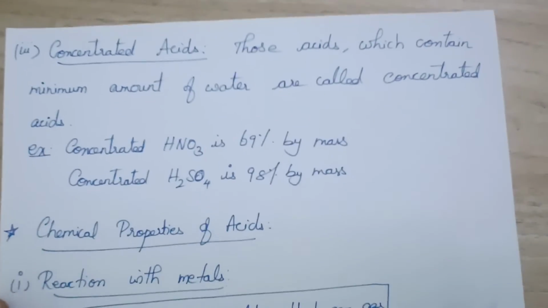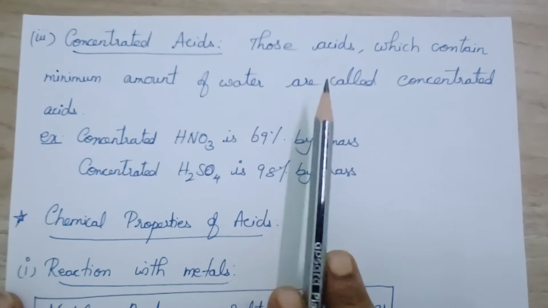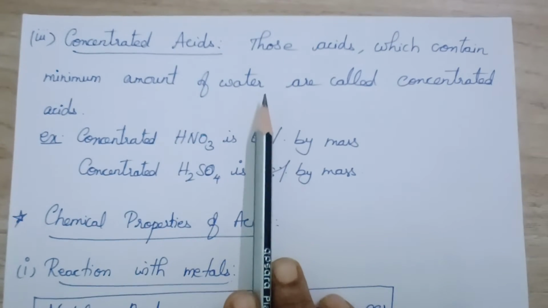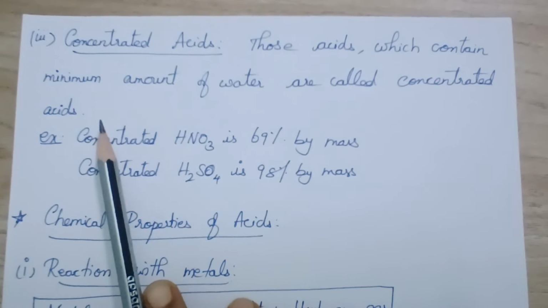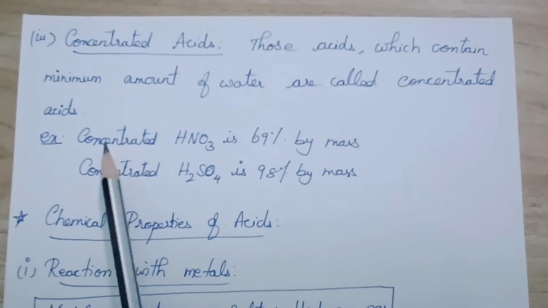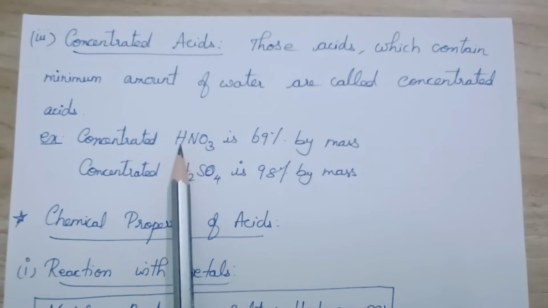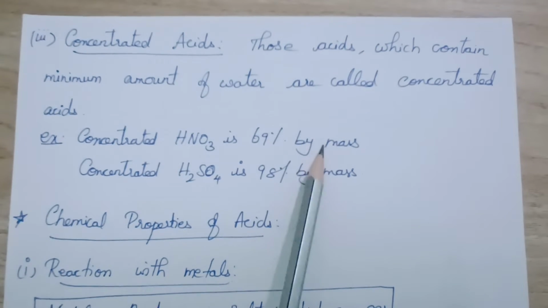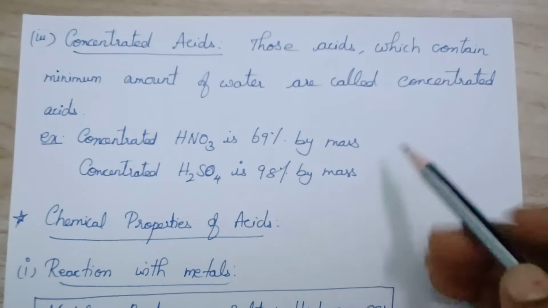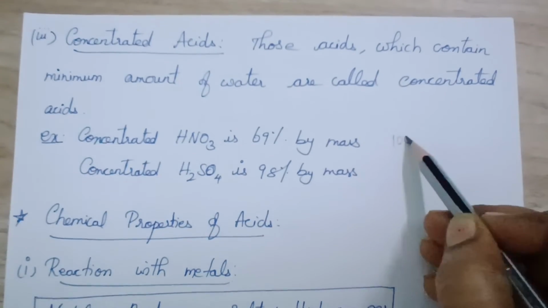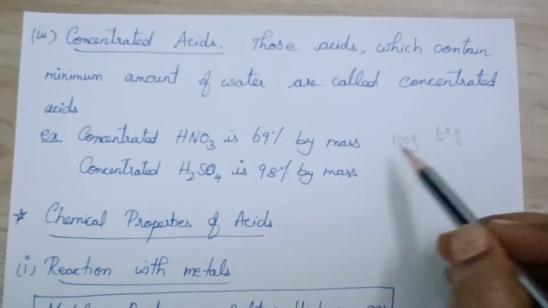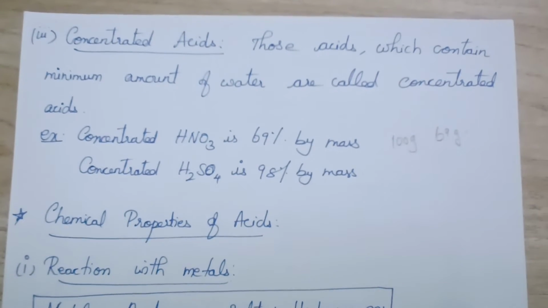The third one is concentrated acid. Those acids which contain a minimum amount of water are called concentrated acids, so the concentration is more. For example, concentrated nitric acid is 69 percent by mass, which means out of 100 grams, 69 grams is nitric acid.